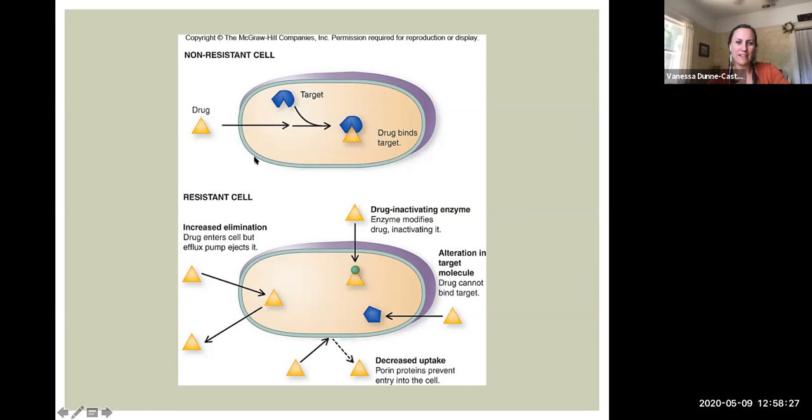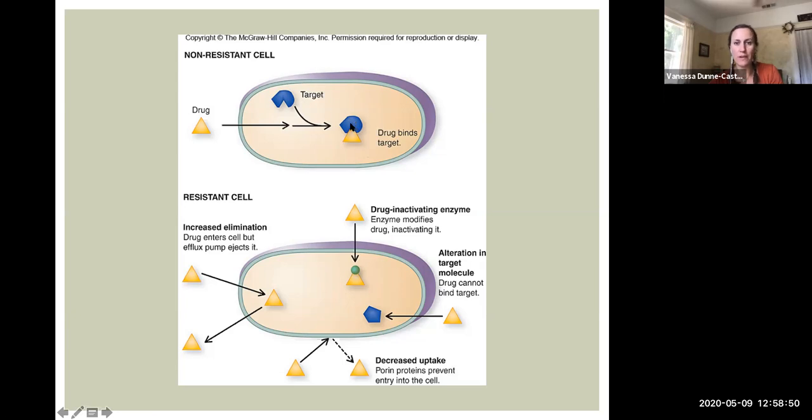So here's a normal non-resistant organism where a drug permeates that cell envelope, including the cell membrane. And once it gets inside, it has a drug target that it binds to, and it can inactivate that drug target, that enzyme. And recall that most of the classes of drugs that we have are enzyme targeting drugs, right?